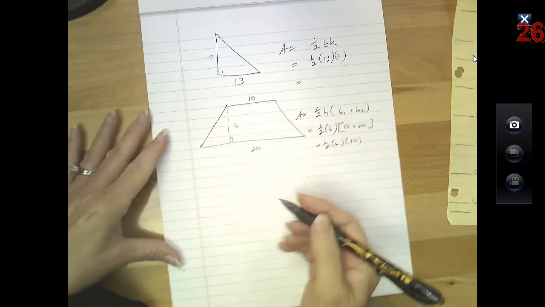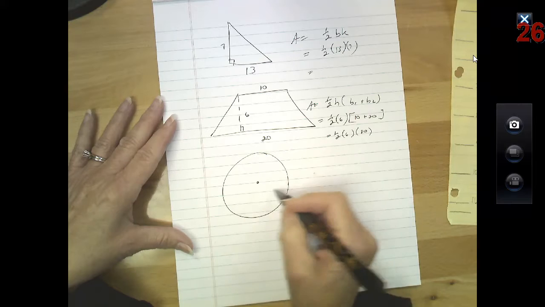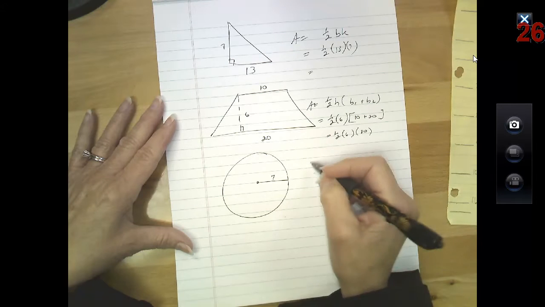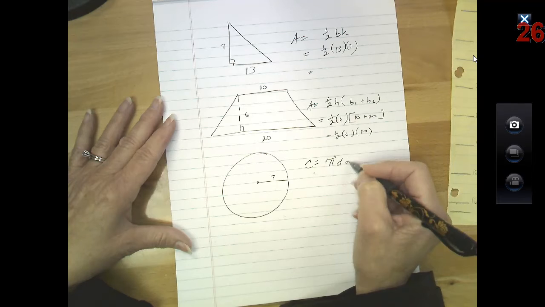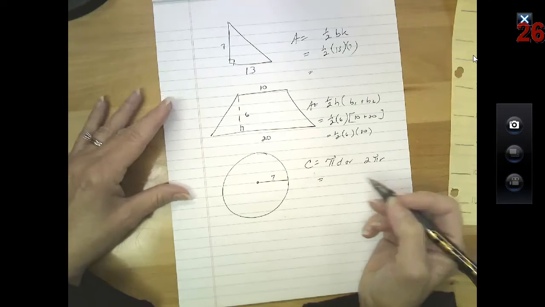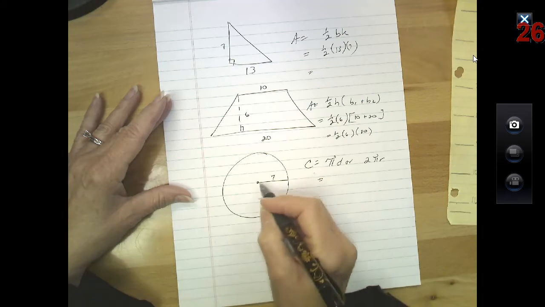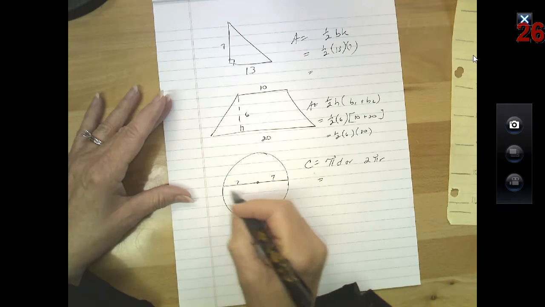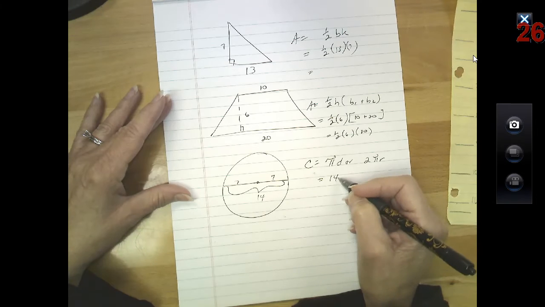Find the circumference and the area of a circle whose radius is 7. Circumference is pi times d, or you can use 2 pi r. I'm just going to use d. If this is 7, and that's 7, then the diameter is 14, so I'm going to put 14 pi.